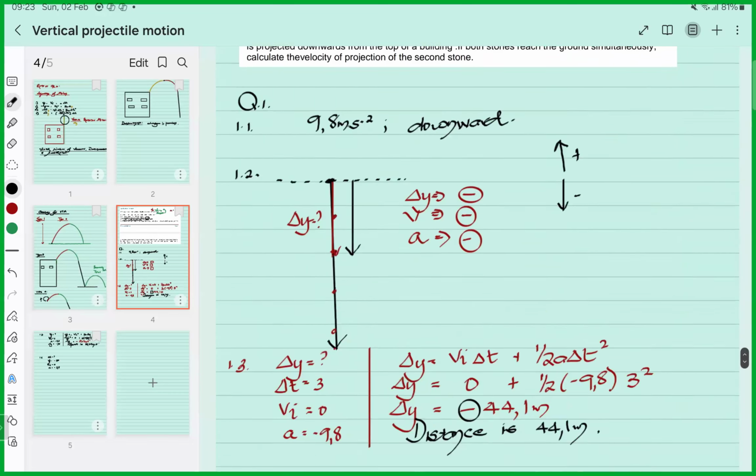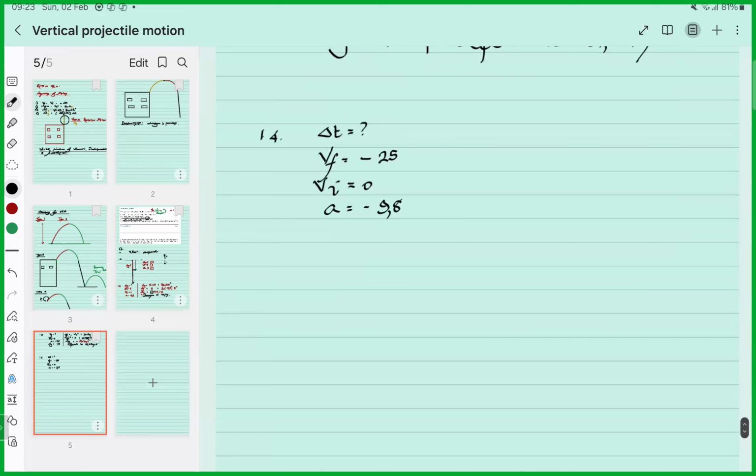Let me explain how she figured this out. Because your acceleration is 9.8 meters per second squared, after 1 second, it will be 9.8. After 2 seconds, you add another 9.8, it will be 19.6. After 3 seconds, you add another 9.8, it will be 29.4. And because it's downwards, these are all negative values.